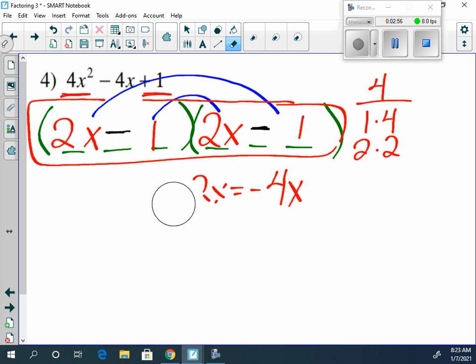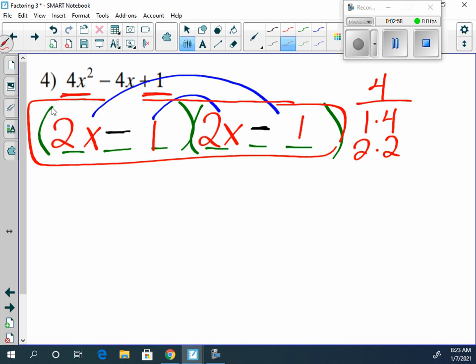I'm going to erase this here. Now you might be wondering, why would we consider this special factors? Why would this one here be listed under the term a special factor? Well, what do we have? We have 2x minus 1 times 2x minus 1. Well, both of those are the exact same, aren't they?